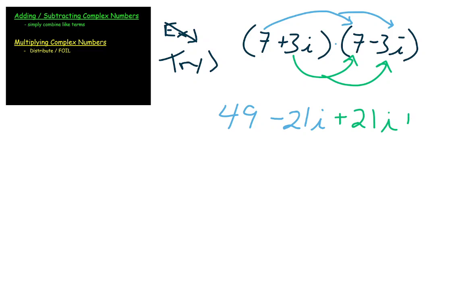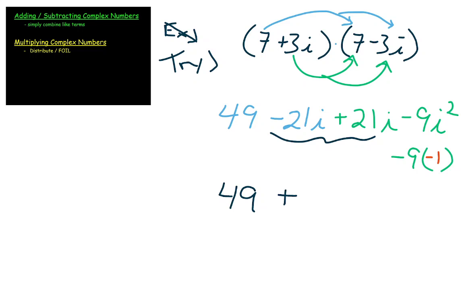Remember, you end up with 3 times negative 3, which is negative 9, and then i times i, which is i squared. Now, negative 9 times i squared is like negative 9 times negative 1. Remember that i squared equals negative 1. So, negative 9 times negative 1 is positive 9.